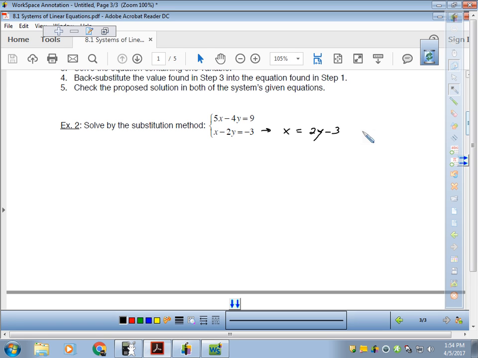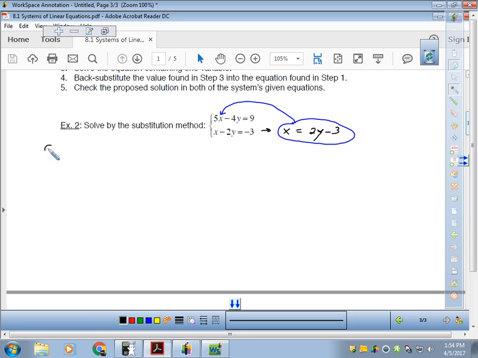Step 2, I'm going to take this equation, circle it here in blue, and substitute it in here on this equation. So I know what x equals: x equals 2y minus 3. So here where I see an x in this equation, I'm going to plug in the 2y minus 3.